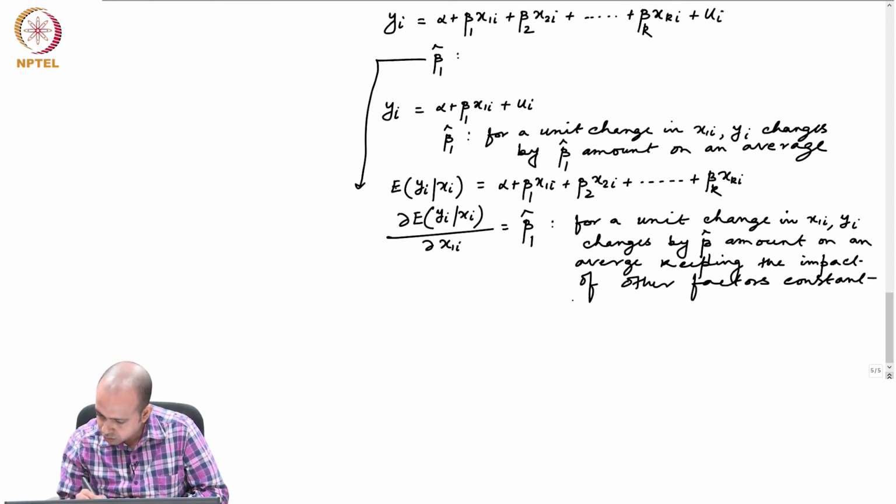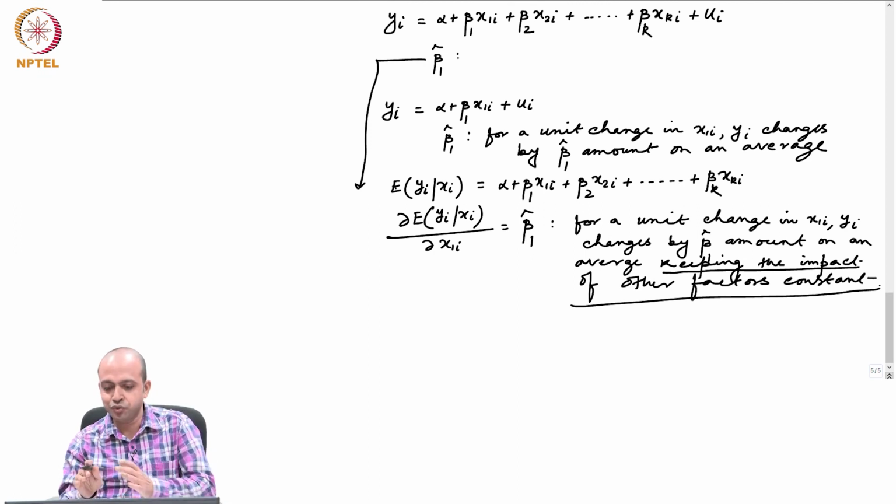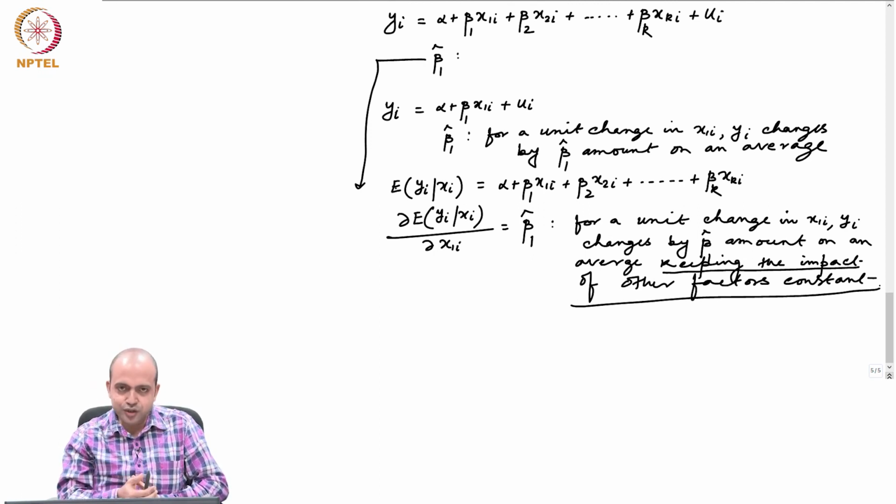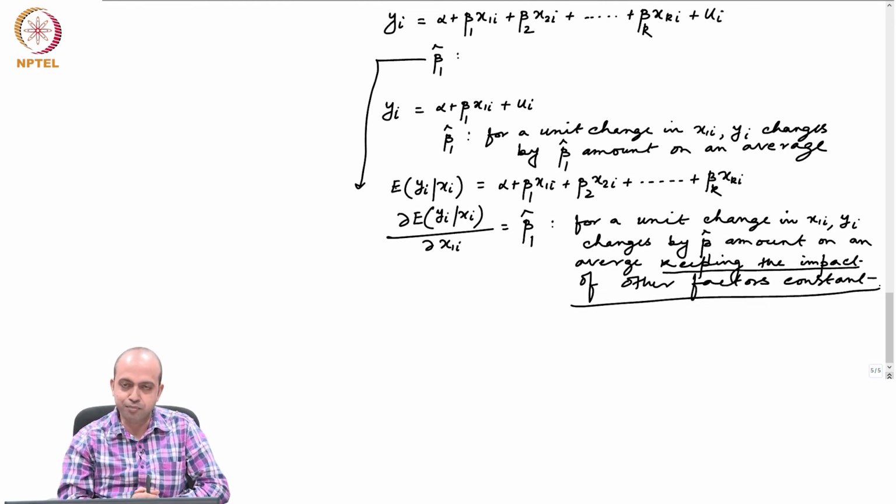So, keeping the impact of other factors constant, this is the additional thing we need to add in the context of multiple linear regression model for the interpretation of beta 1 hat.